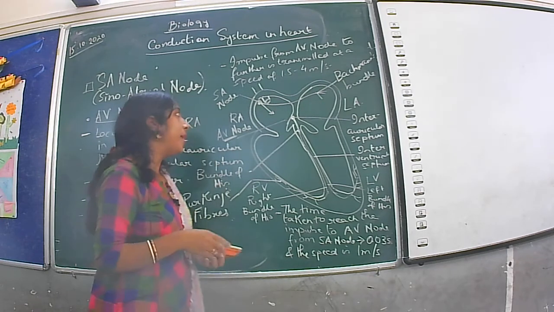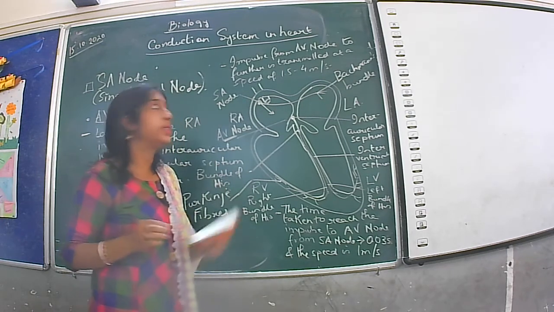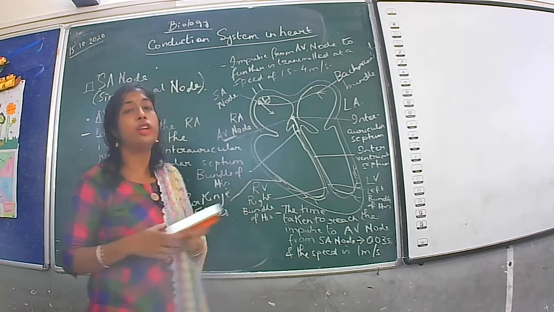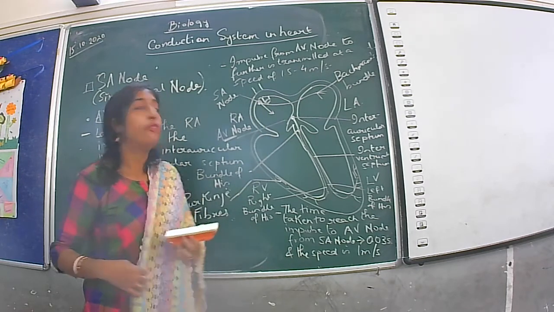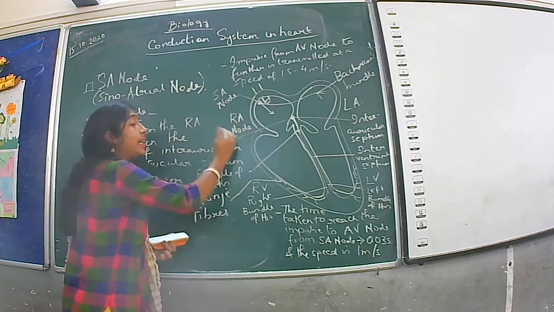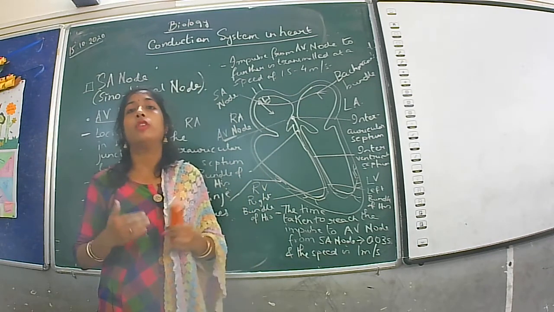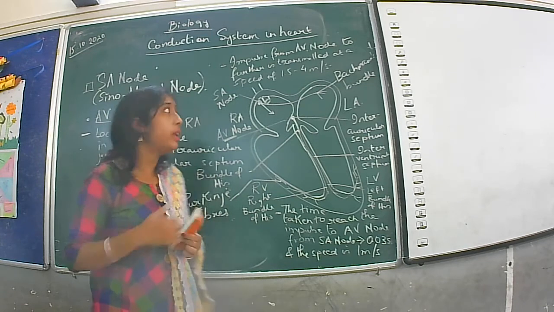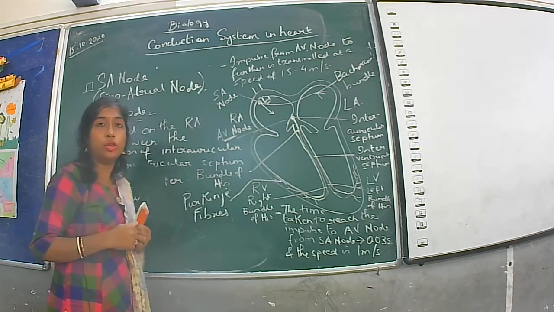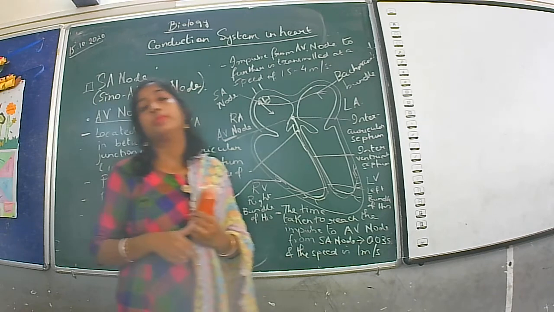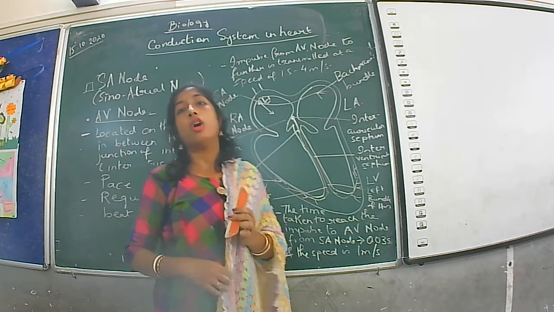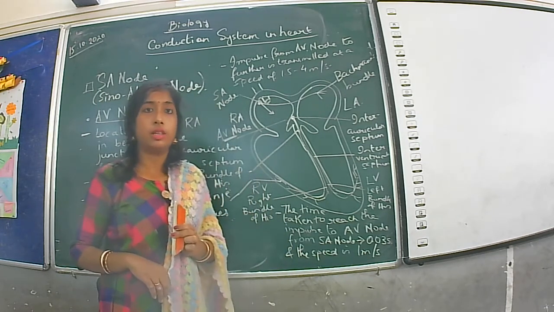Okay. Now the impulse is transmitted from the sinoatrial node or the SA node, which is located on the right side of the wall of the right atrium. Fine. This sinoatrial node is actually believed to be the remains of the sinus venosus. Fine.